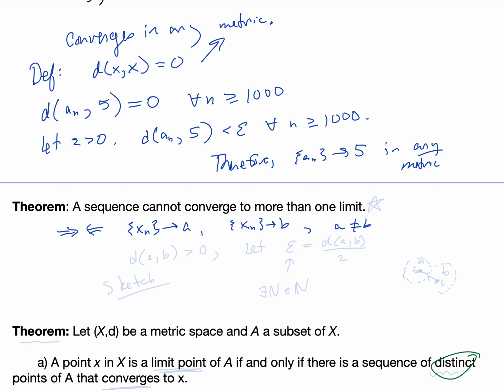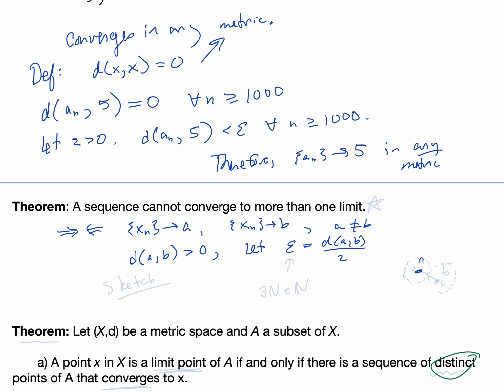Again, by the definition of a metric, since A and B are not equal, the distance between A and B must be greater than 0. So if we then let epsilon be the distance between A and B divided by 2, then we're going to end up with a contradiction.